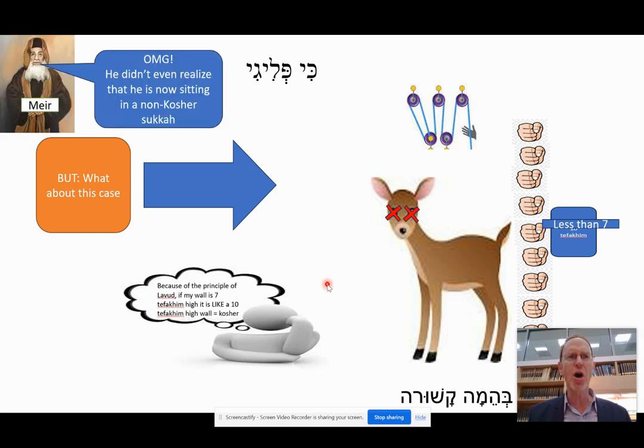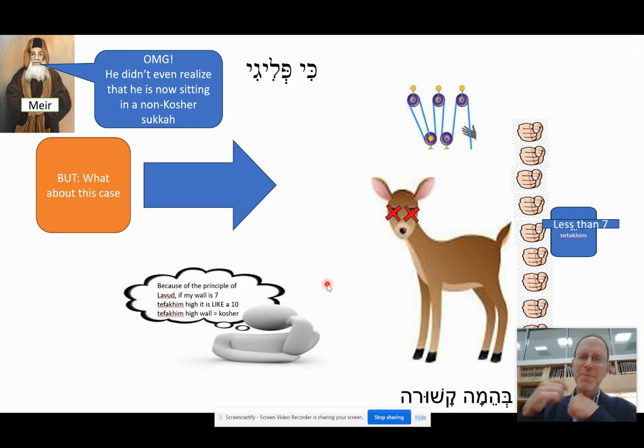And here, look, here's Rabbi Meir. OMG. The animal died and he didn't realize that he's now sitting in a non-kosher sukkah. So all of a sudden, we have found it. This is the case, this is why Rabbi Meir said, lo kasher.